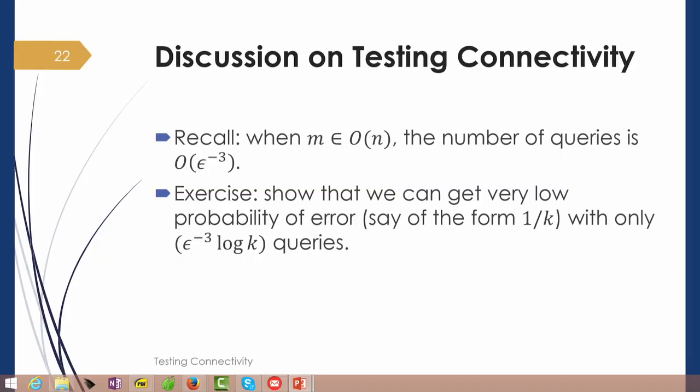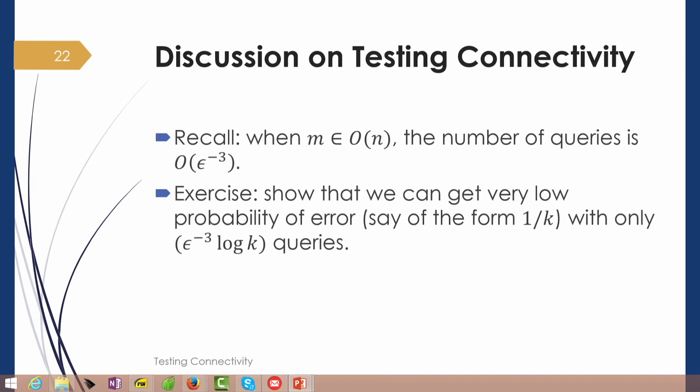And this works great. We're able to get a probability of correctness of at least 2/3, but it's actually not very difficult to get the probability of error down to a much smaller value.